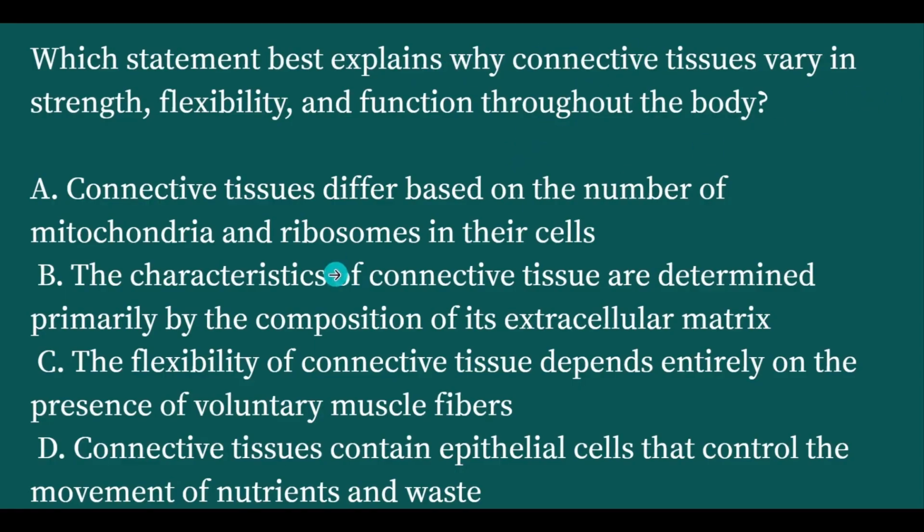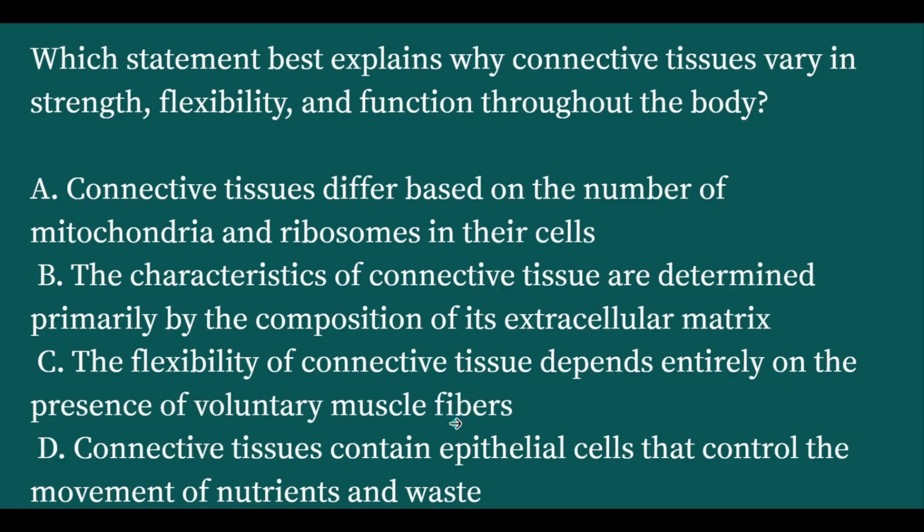Connective tissues differ based on the number of mitochondria and ribosomes in their cell. No, that's not what we were talking about. B, the characteristics of connective tissue are determined primarily by the composition of its extracellular matrix. That's exactly what it said in the slideshow. C, the flexibility of connective tissue depends entirely on the presence of voluntary muscle fibers.